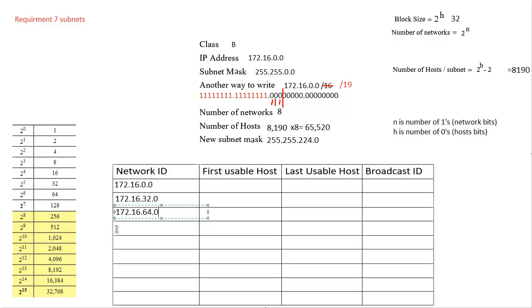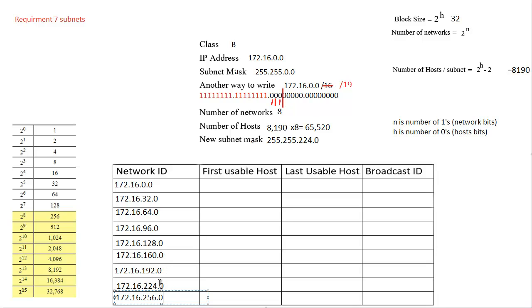And the next network ID again, with 64 we will add 32 and so on. We have 8 networks, so 1 2 3 4 5 6 7 8.